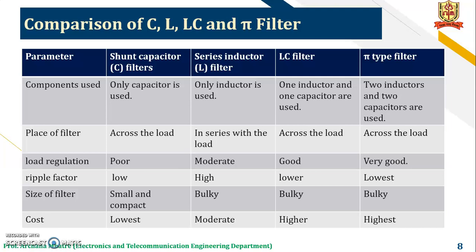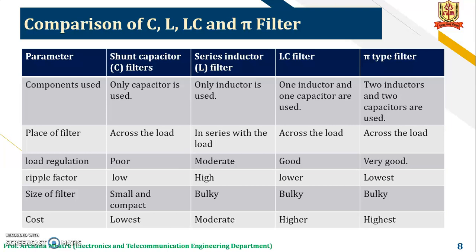In C filter only a capacitor is used, in L filter only an inductor is used, in LC filter one inductor and one capacitor are used, and in pi filter two capacitors and one inductor are used. The second point of comparison is place of filter. In C filter it is across the load, in L filter in series with the load, in LC filter again across the load, and in pi filter again across the load.